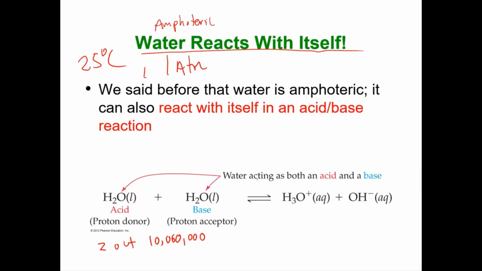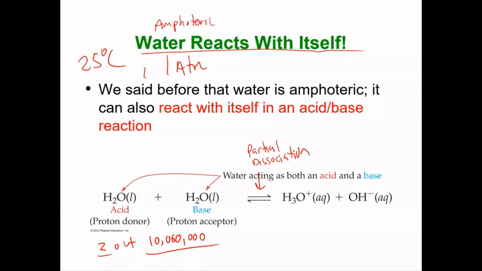And what does this double arrow mean? It's only what? Partial dissociation, right? This doesn't happen a lot. How often? Only 2 out of 10 million. But it does happen, end up producing, right?